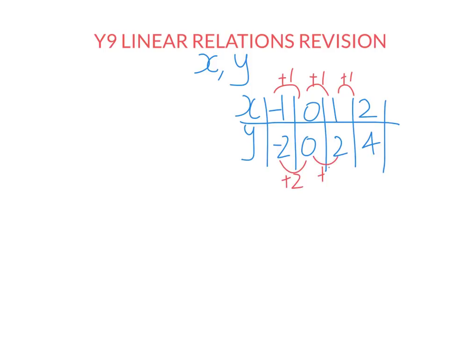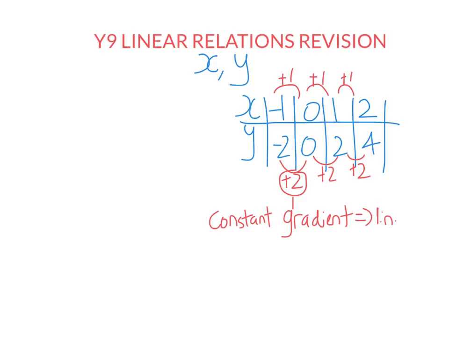It's going up by 2, and that's what makes a relationship linear. Each time x goes up by 1, y goes up or down by the same amount. The amount by which it goes up or down is called the gradient. Because it's going up by 2 each time, it has a constant gradient. The amount it goes up or down by doesn't change, and therefore the relationship is linear.